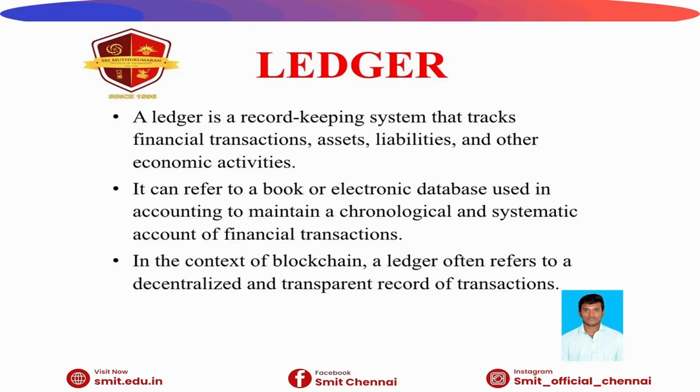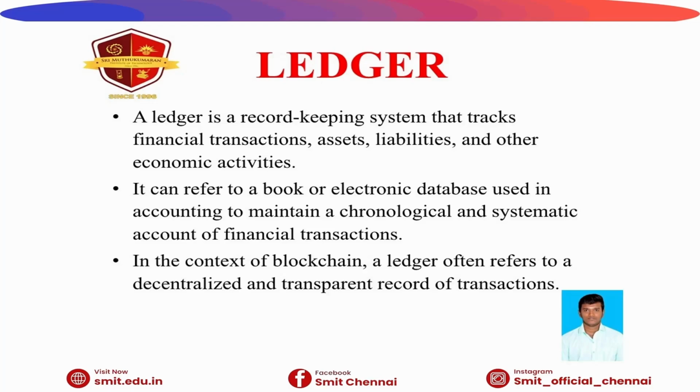You can think of it as a book or a digital database. Interestingly, the term very popular now is blockchain technology, which refers to a decentralized, transparent record of transactions. Then I have given some examples for the ledgers also.